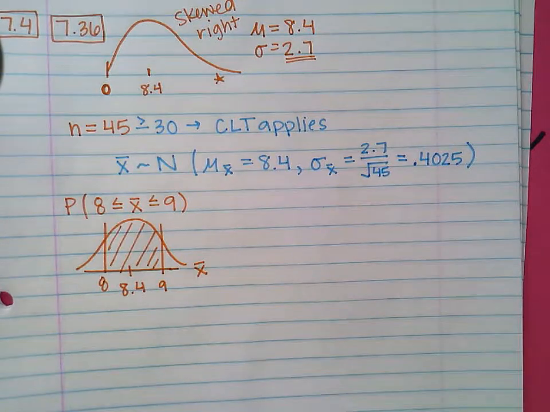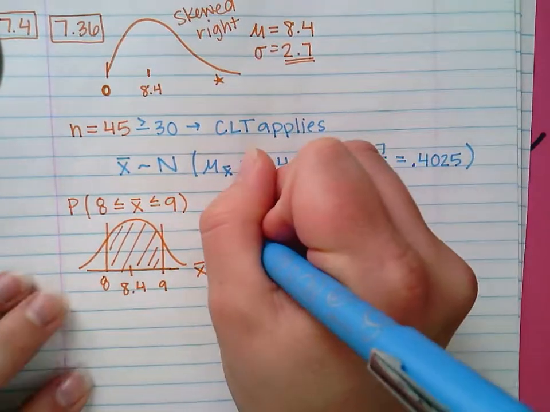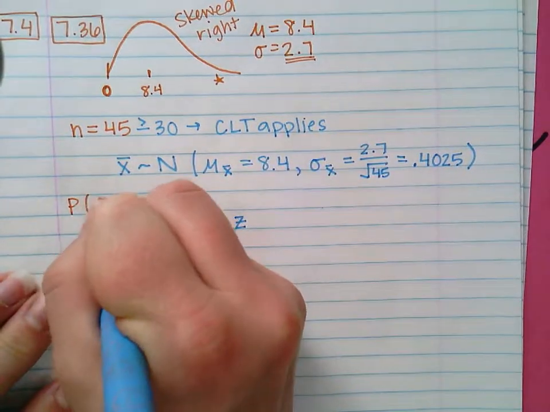Now, if you know the normal CDF notation, you can go ahead and do that now. I am going to walk through how to find this the long way with the book, okay? So that if you don't have that calculator, you're still getting that support. So you need to find two z-scores because we have two x values.